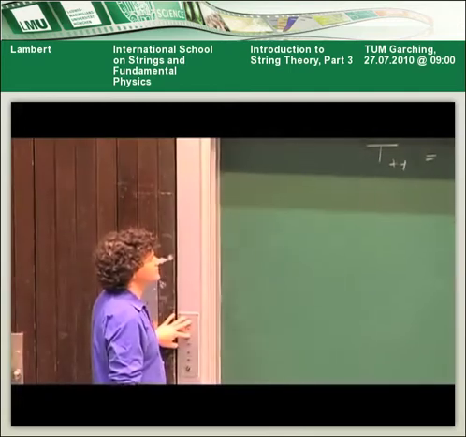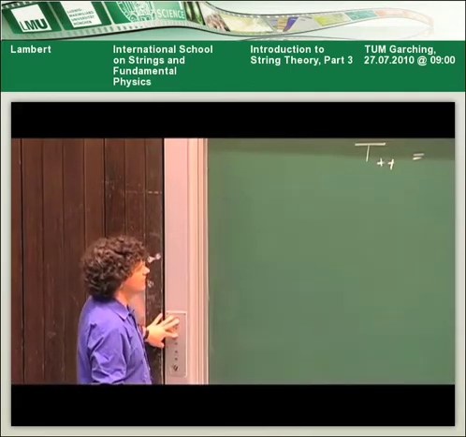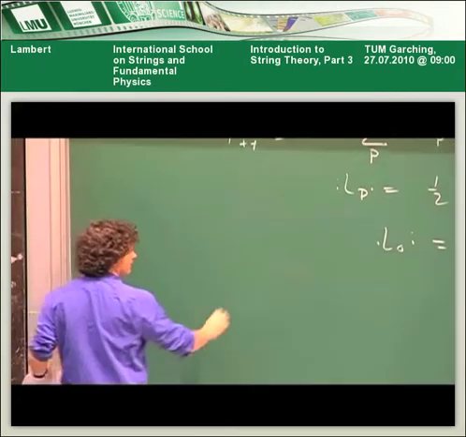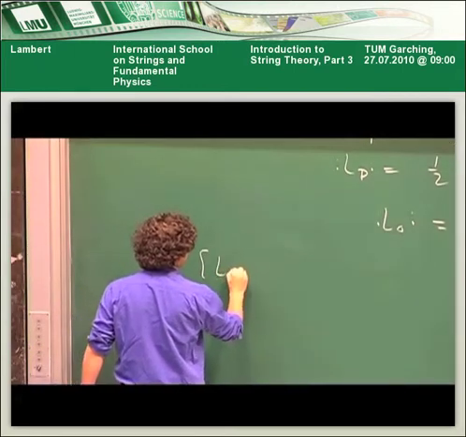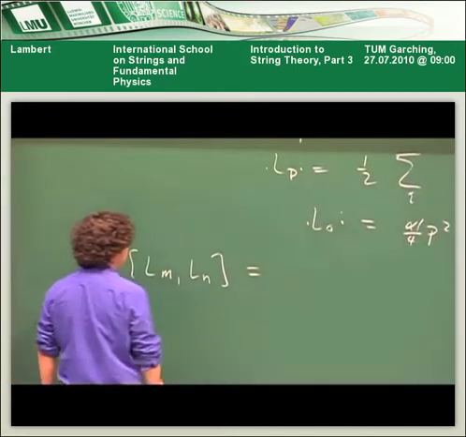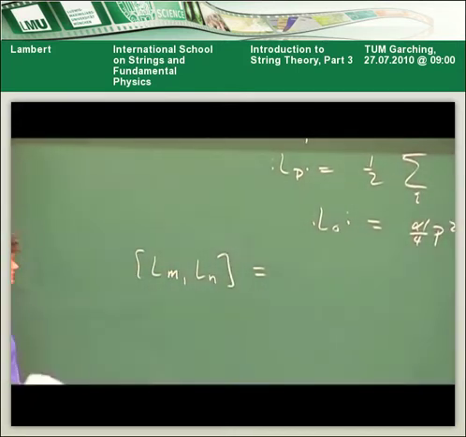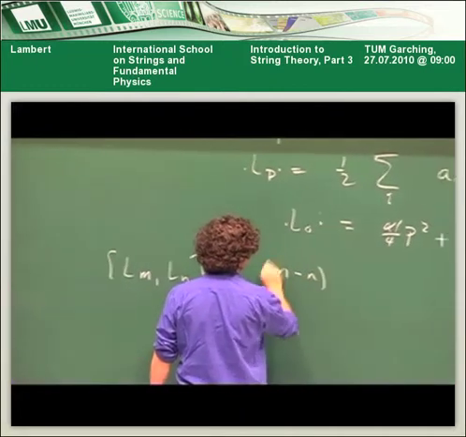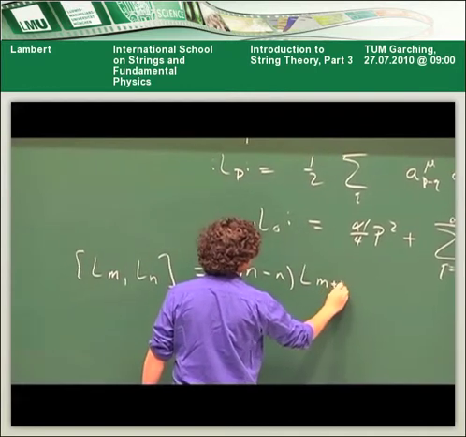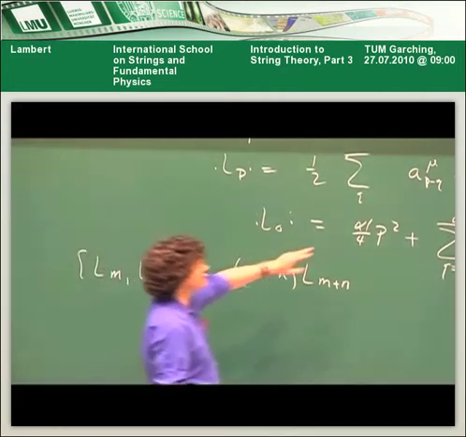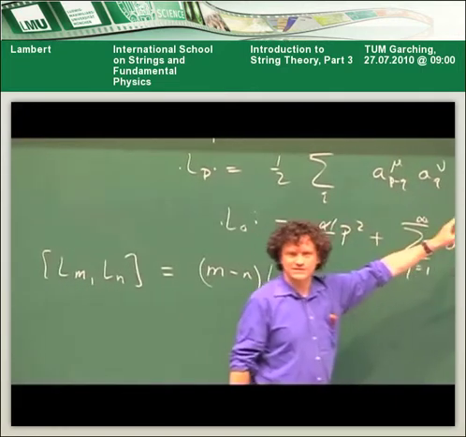So let's move these away. Then what we showed was that if I compute [L_m, L_n], ignoring the normal ordering for now, I just got (m minus n) L_{m+n}. Of course, you've probably noticed that these Fourier modes are additive.